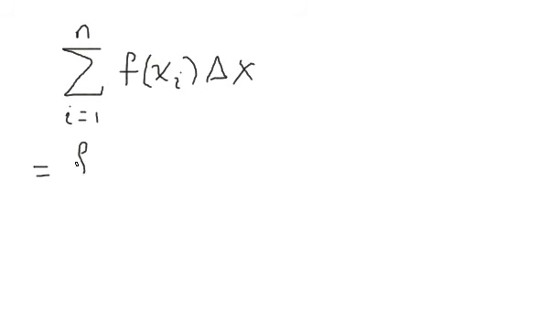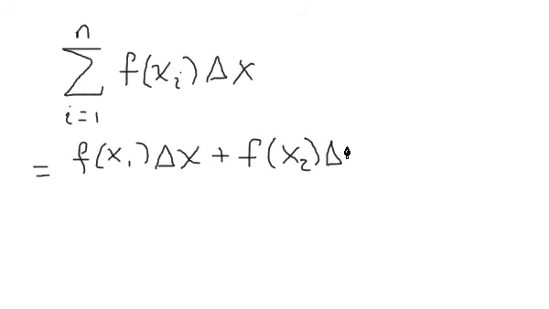So we have f of x1 delta x plus f of x2 delta x plus, and once again dot dot dot, meaning there's a lot of terms in there, plus f of x_n, the nth term, times delta x.